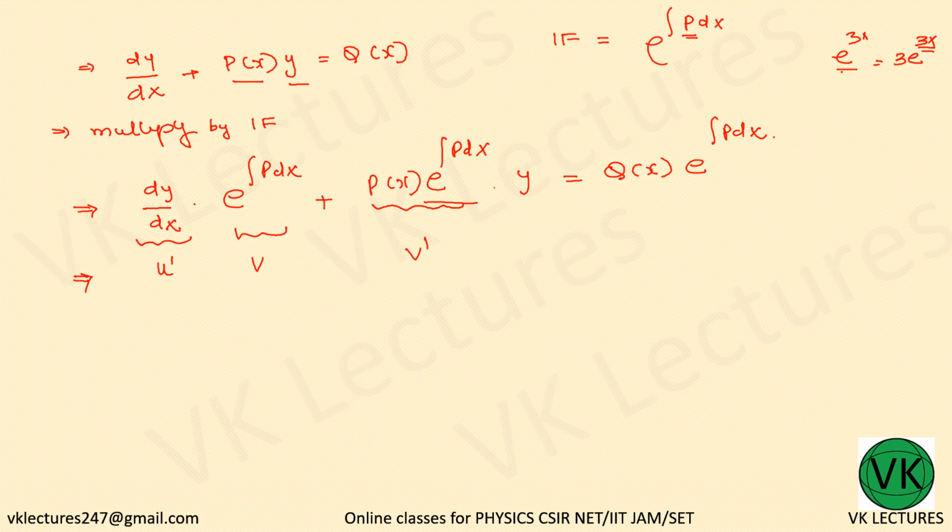This is the function. If you differentiate, it will become this. So p will come as the coefficient. So p of x into e to the power integral p dx will be equal to v dash. Now this is the theory. Then this will be equal to integration of this. Y is nothing but integration of dy by dx. So this will be equal to u. Fine.